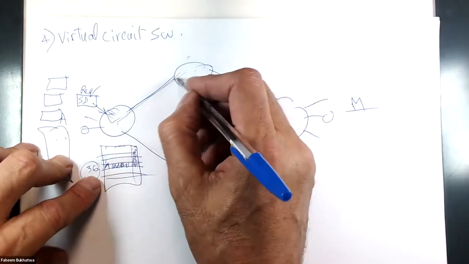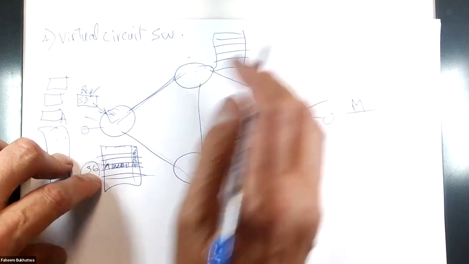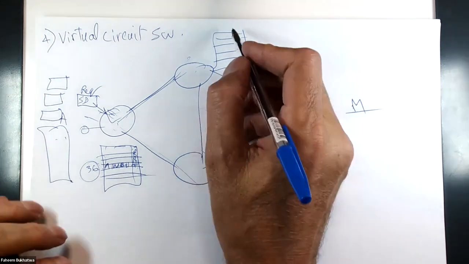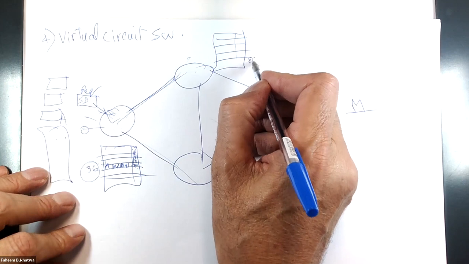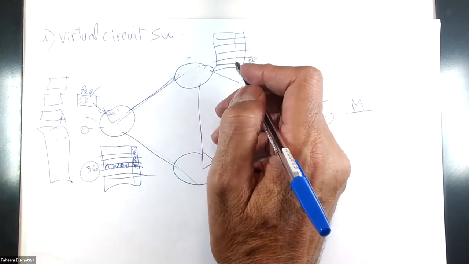And this one sends it to this router, which also has a table. In all these virtual circuit networks, each router has a table of all the calls that are running right now. So it searches right through. Maybe at location 88 there is a free entry in the table.